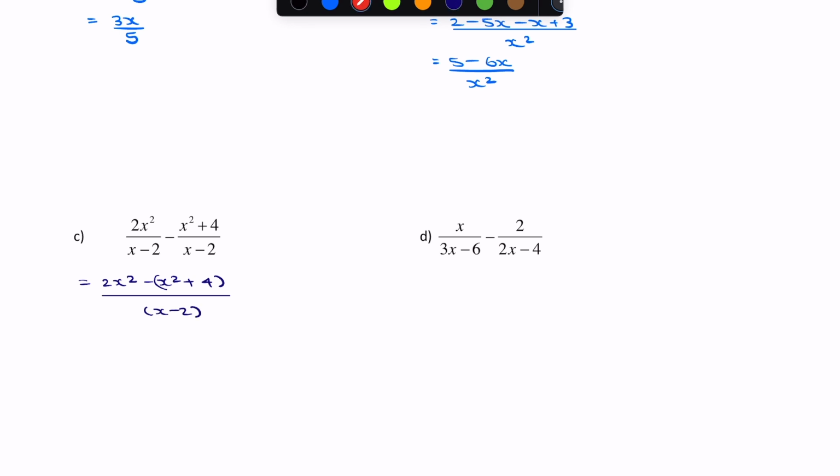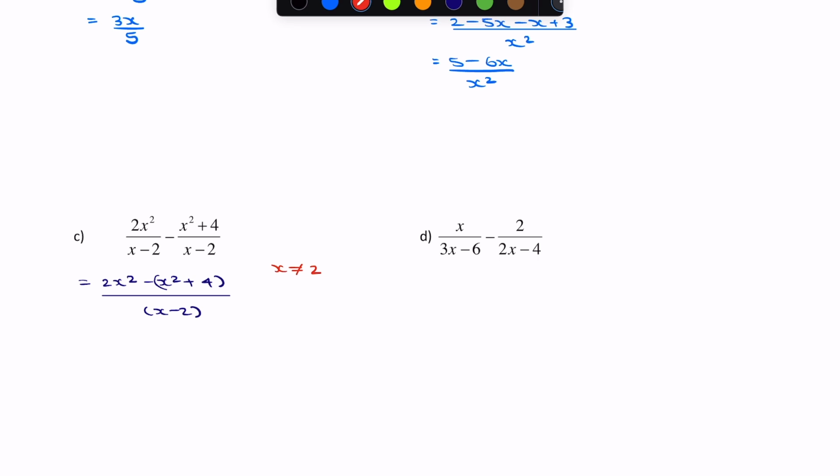And here, our restriction, x cannot be equal to 2. Again, for restrictions, we're looking at the value that would make the denominator equal to 0. So here x is equal to 2, so x cannot be equal to 2.